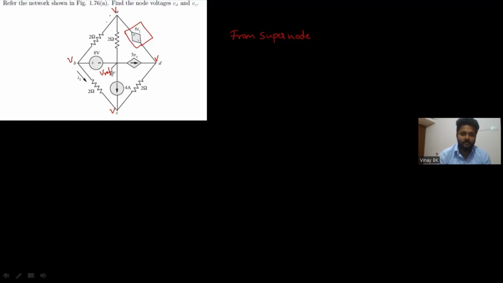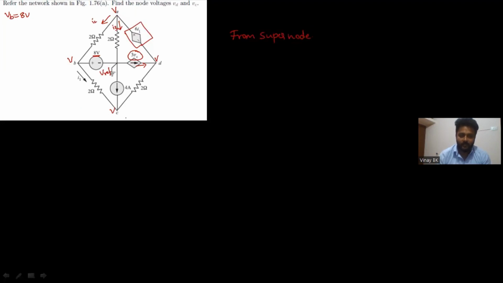From VA, I'm assuming I2 is flowing here, and here I3 is flowing. And at VD, 3VC is already entering. And at VB, from the circuit itself, they have given VB as 8 volts.